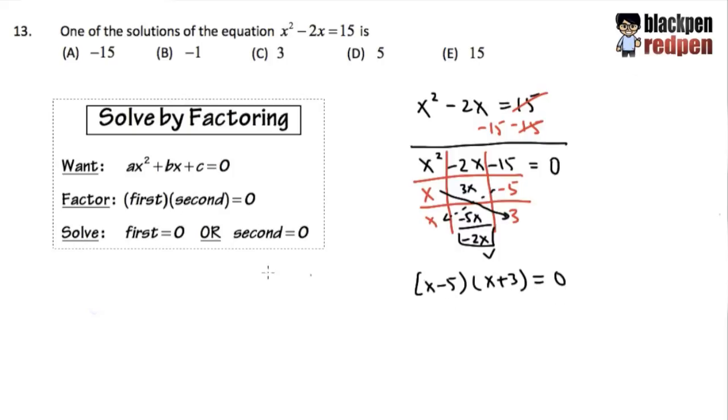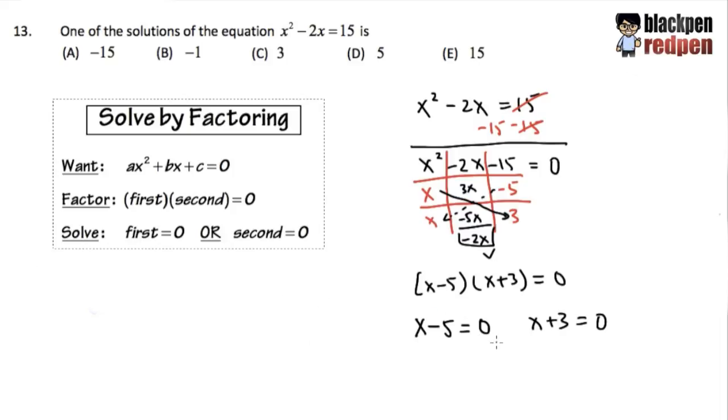And then to finish this up, we take the first factor and set it equal to 0. The first factor is this parentheses, x minus 5. So we're just going to write down x minus 5 and set this equal to 0. And we also do the second factor, we set it equal to 0 as well. We take x plus 3 equals 0. And then we still have to isolate the x.